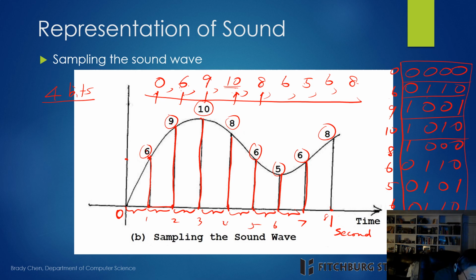Now, so we basically send the sequence of 4 bits in the network, and when the receiving side receives that sequence, if both sides agree on the format, then the receiving side can restore this sequence into the sequence of amplitude. Okay, so then the receiving side can recreate the kind of sound wave.